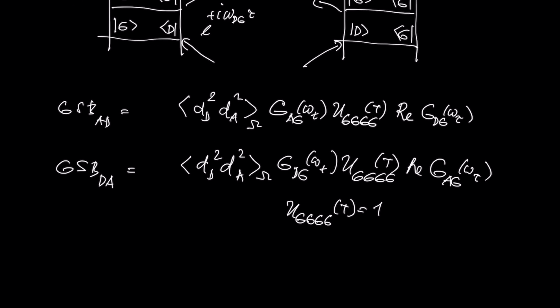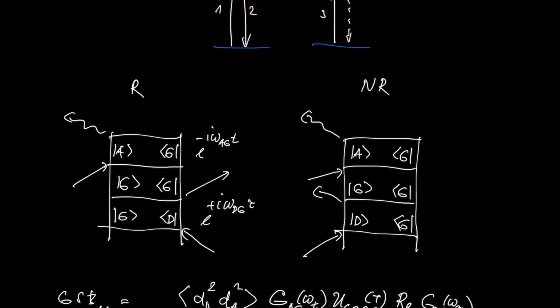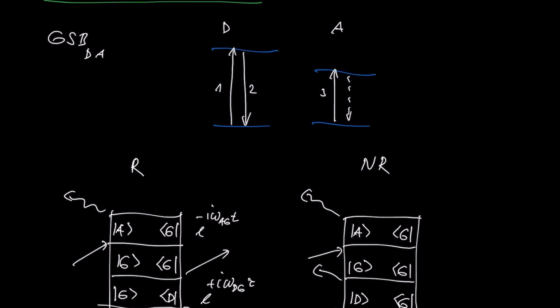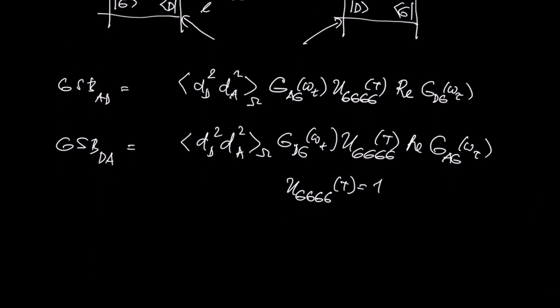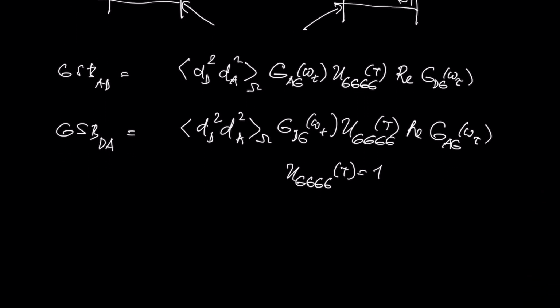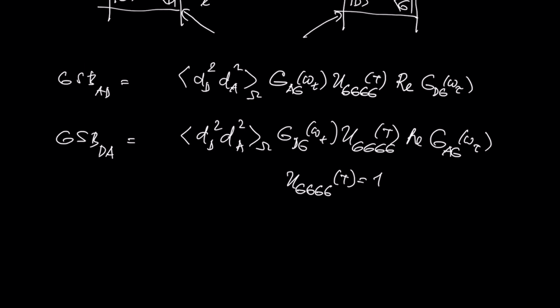Okay, so this is a combined signal with basically almost no evolution in the ground state, but the interactions happen twice at one molecule and for the third time on another molecule. And of course we now have to also account for terms that are due to energy transfer.